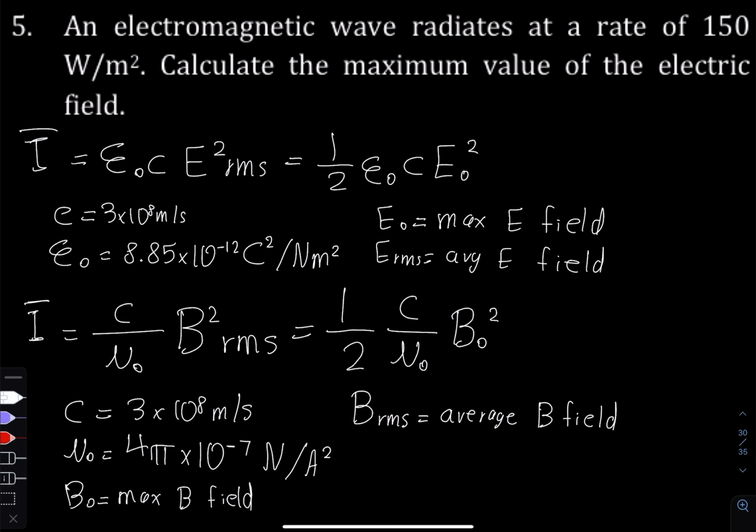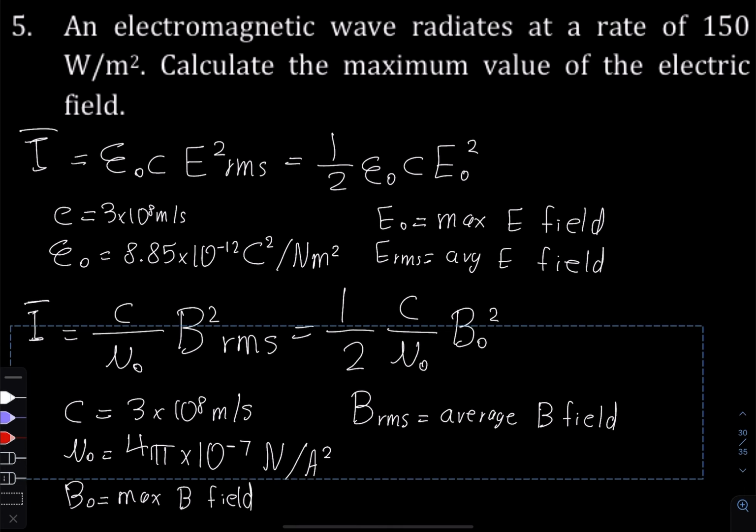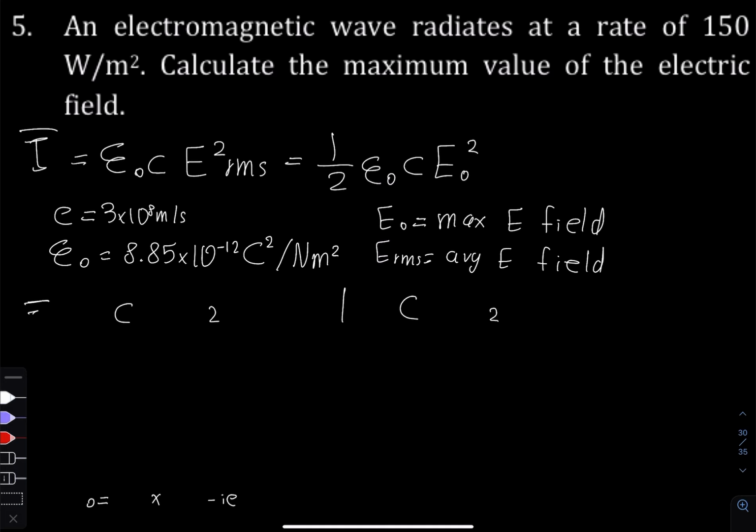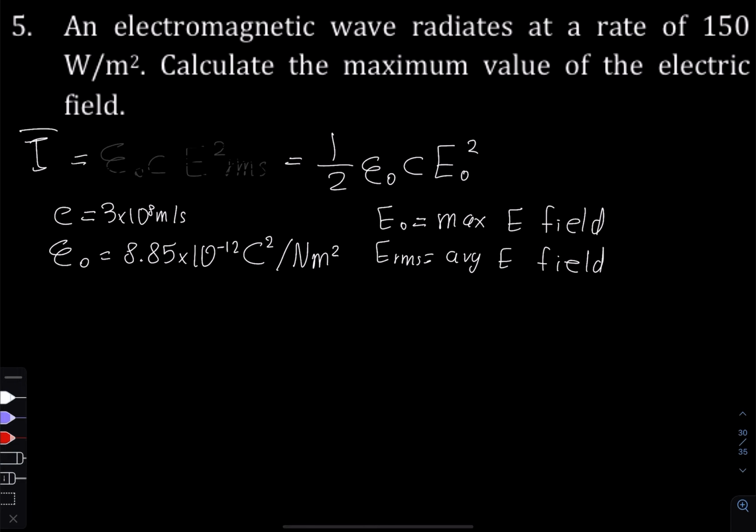So what we need actually is this equation, right? So I'm going to delete everything else because we don't want to run out of space doing this problem. We need the maximum, not the average, right? This would give us the average. So we don't want the RMS or the average, so just get rid of this for now.